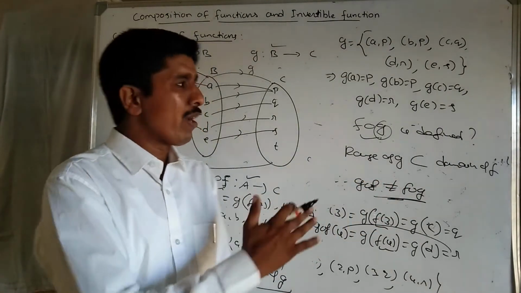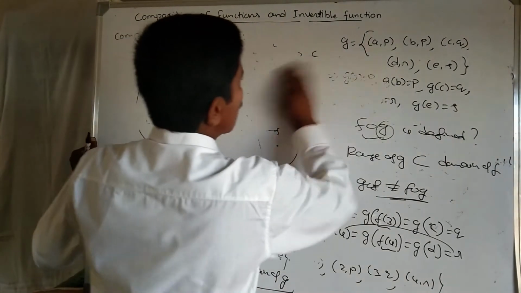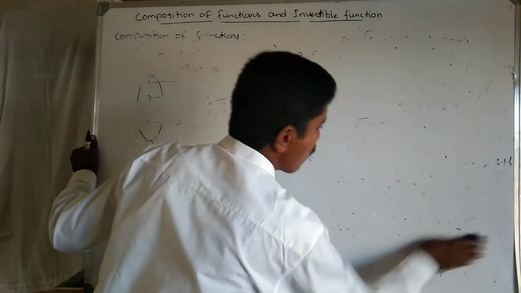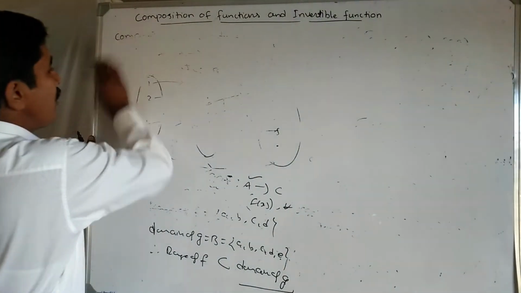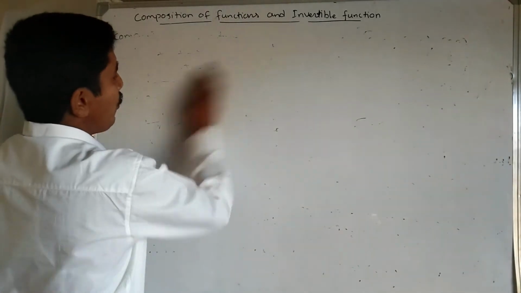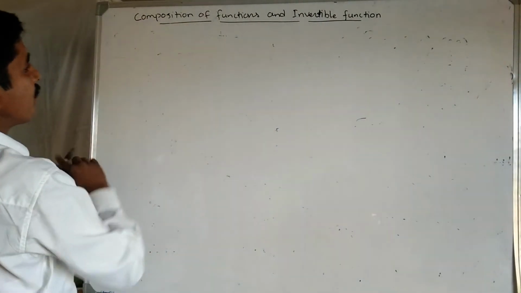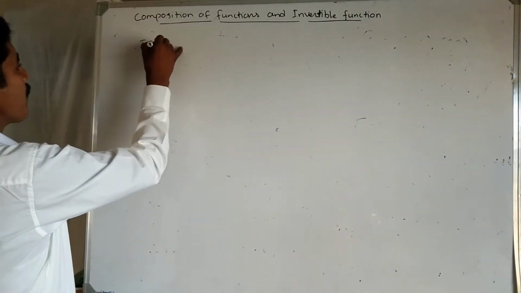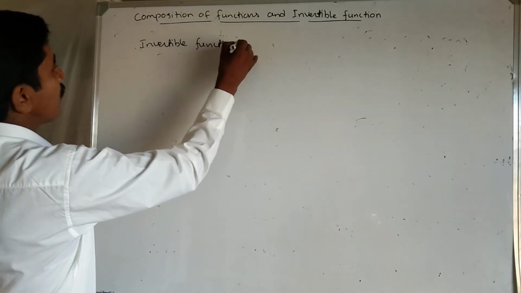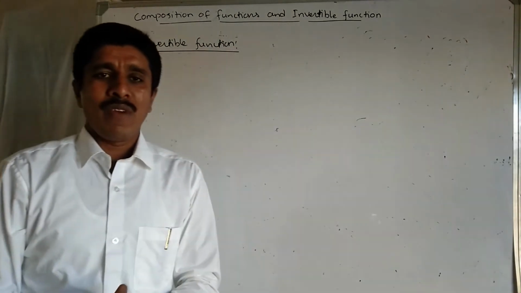Now we go to invertible function. So we know the bijective function. Bijective function means the function is both 1-1 and onto. What is meant by a 1-1 function?